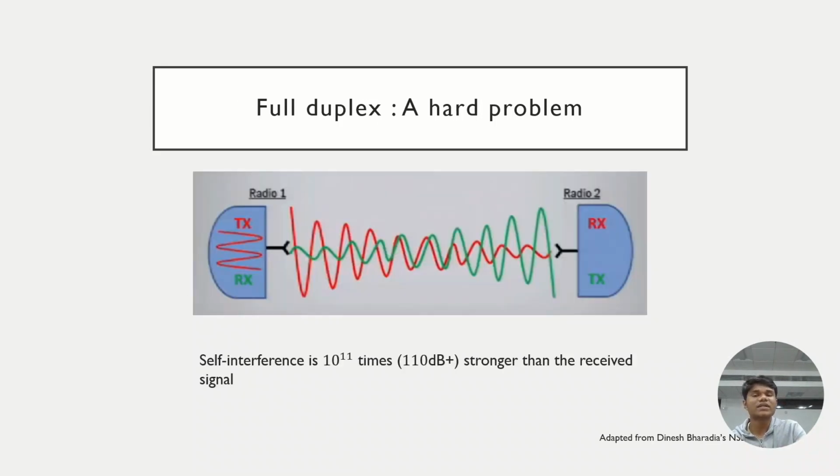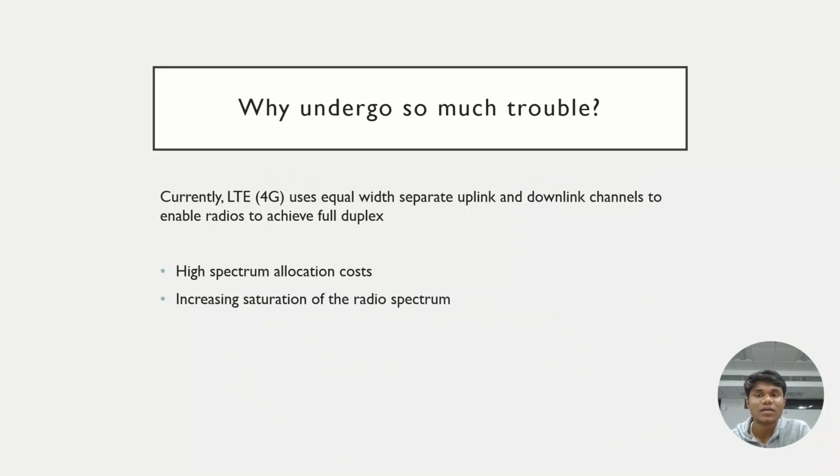Now, you might wonder that this self interference cancellation might prove to be a difficult problem. Then why undergo such hard trouble in the first place? Now, the reason for that is we currently use 4G in our day-to-day communication system.